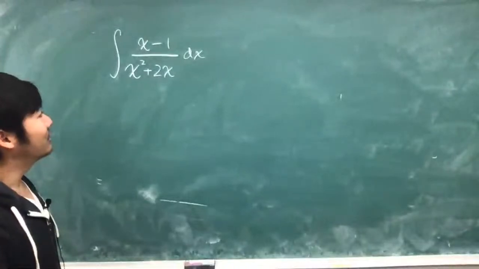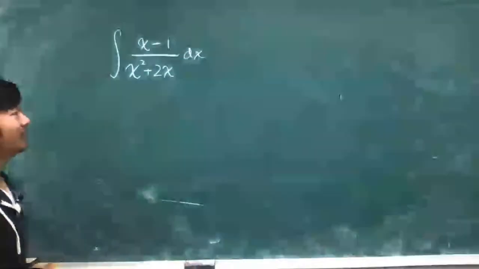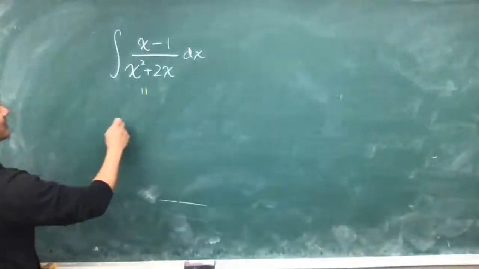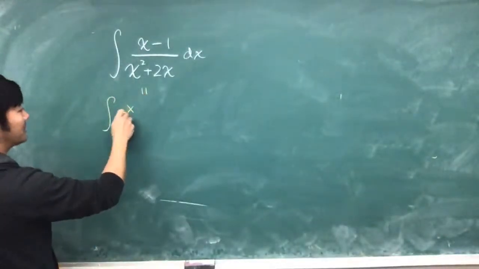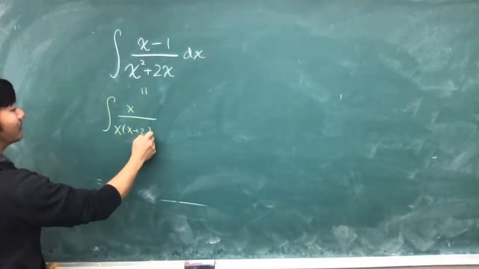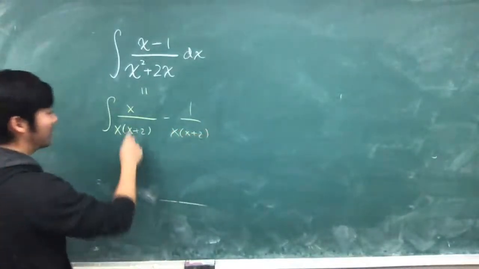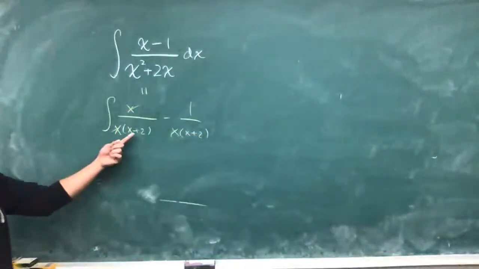Well, you can split this up into x over x times x plus 2, minus 1 over x times x plus 2. I mean, this is not wrong, and I would even maybe do it. Then this cancels, and you have an easy integral here.